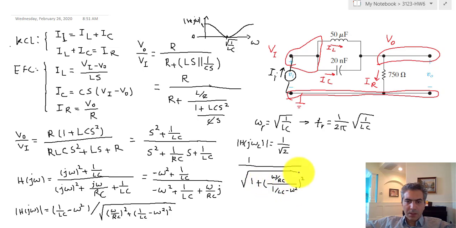And we're looking for the points where this is equal to 1 over the square root of 2, which means now this term has to be equal to 1. So this is all, by the way, ω_c. Let me actually rewrite this.